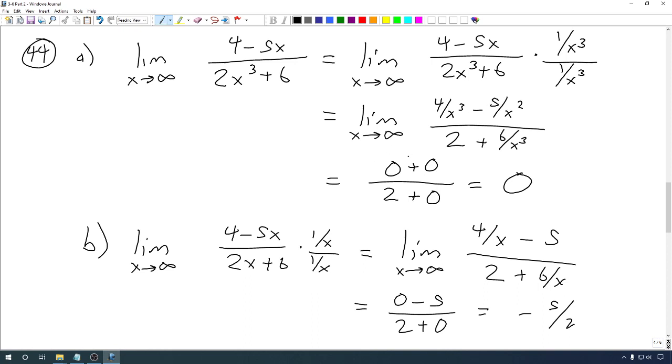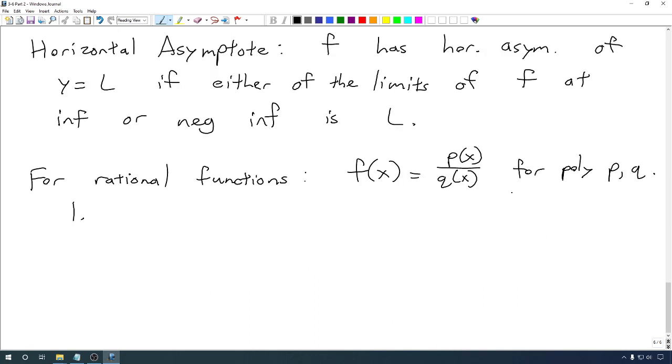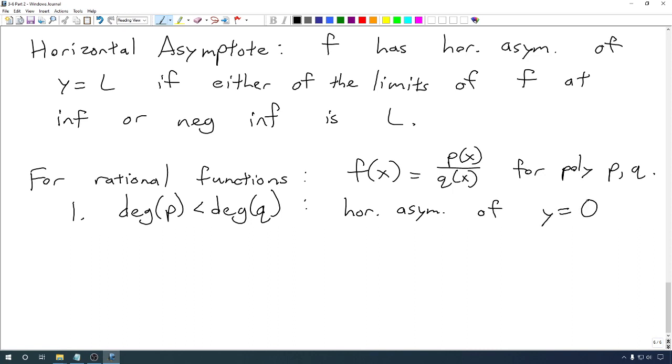In fact, all of our terms on top ended up going to 0, and we got 0 overall. So if the degree of the top is less than the degree of the bottom, we immediately have a horizontal asymptote of y equals 0.